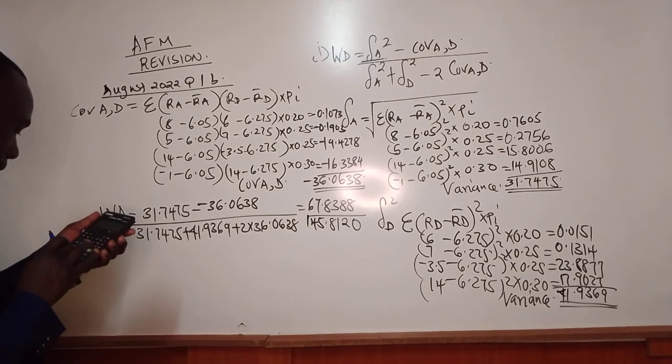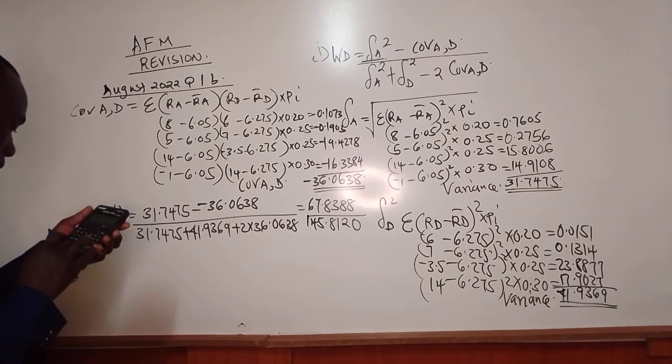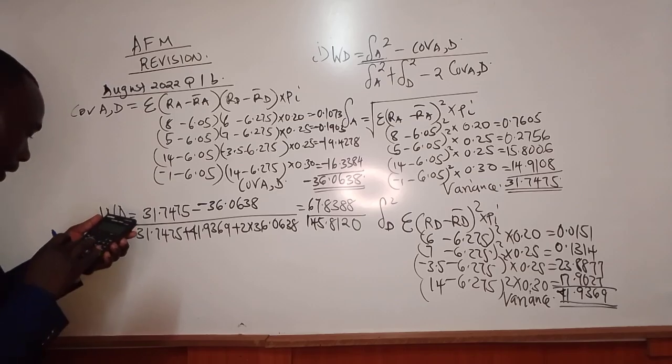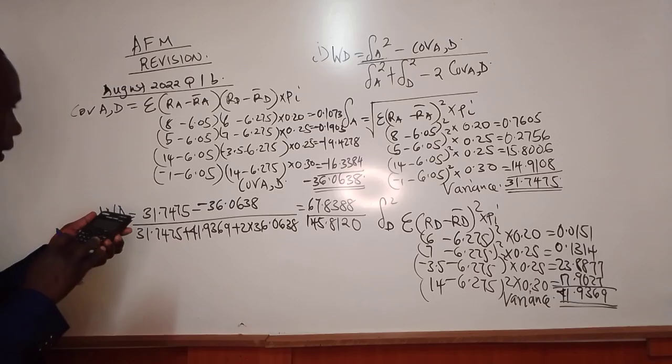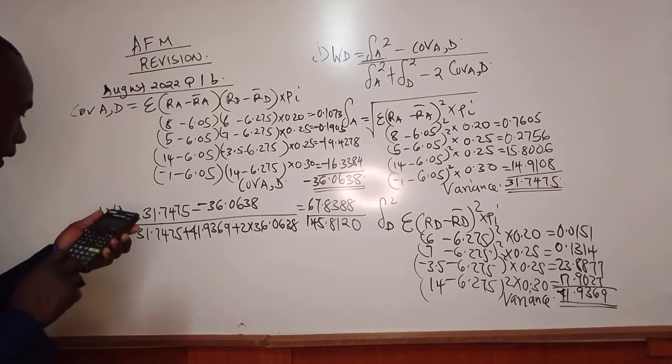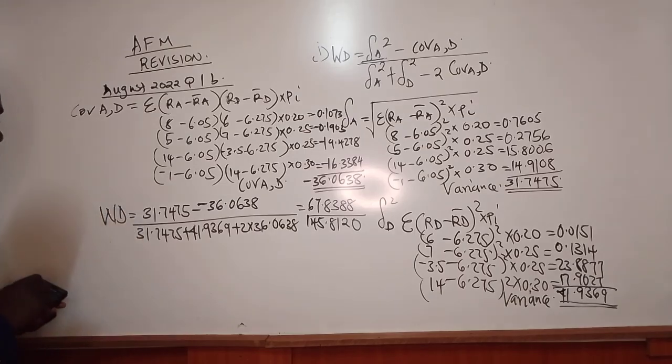So therefore take 67.8388 divided by 145.8120. So in this case, we'll get how much?